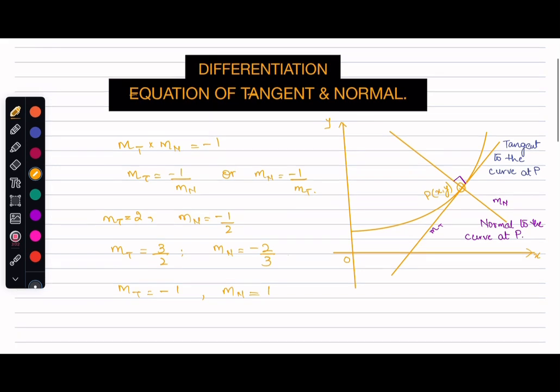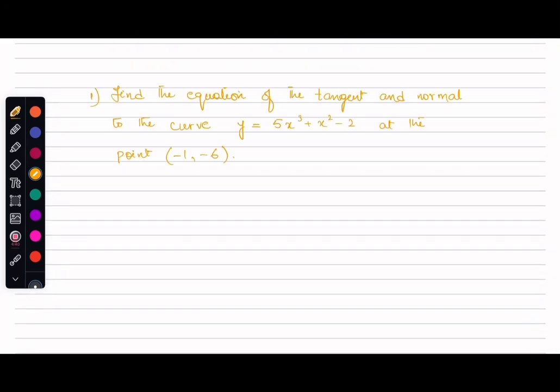Like if we do a simple question, question 1: find the equation of the tangent and normal to the curve y = 5x³ + x² - 2 at the point (-1, -6). So that means we have the curve equation, and to this curve equation there is a tangent and a normal at the point (-1, -6).